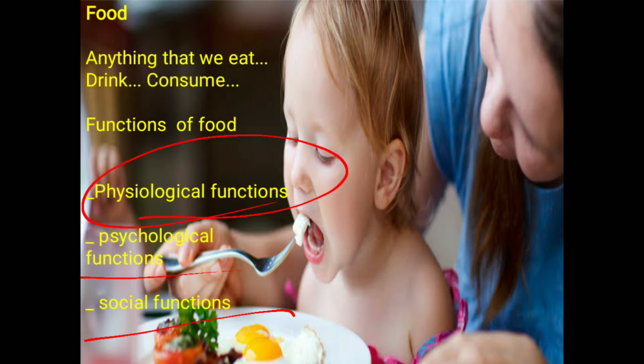Also, you need to remember that some minerals like calcium and phosphorus help in building our skeletal system, our skeletal tissues, our teeth, our bones, whereas iron helps in the formation of hemoglobin. We call it erythropoiesis.